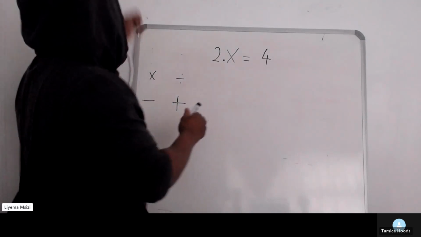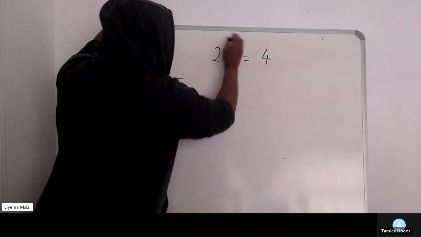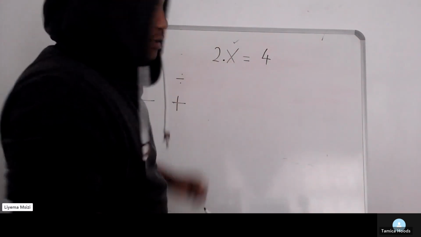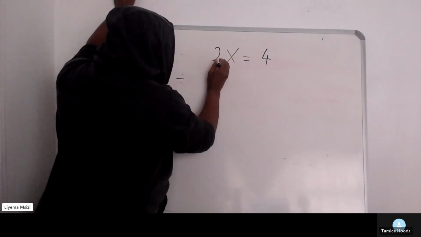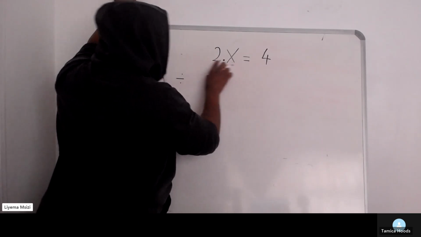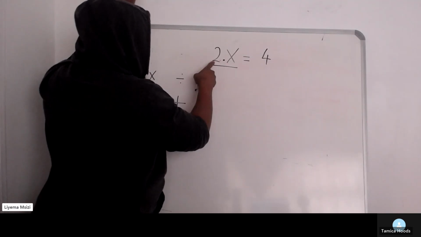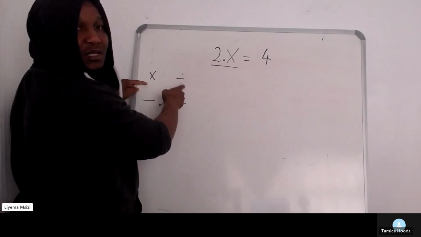Okay? So if there is a multiplication here, what do I want? I want the value of x. The one you don't know is what you need. Since I want to get the value of x, what don't I need? I don't need 2. The one you don't need has to go. But how is it going to go? If it's multiplication, then I have to divide.